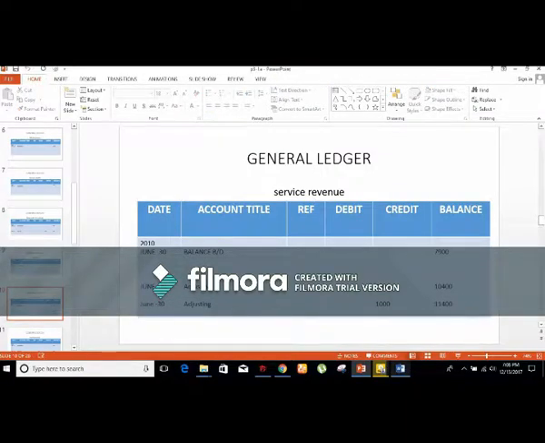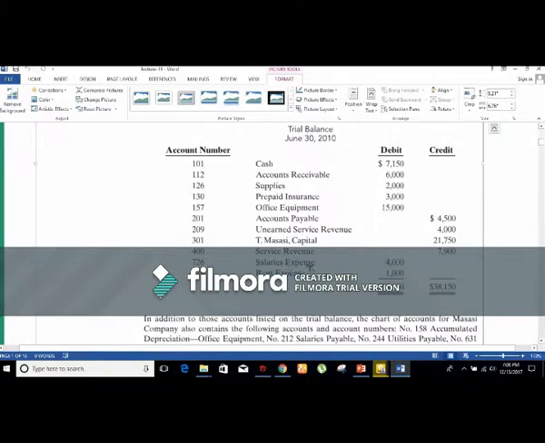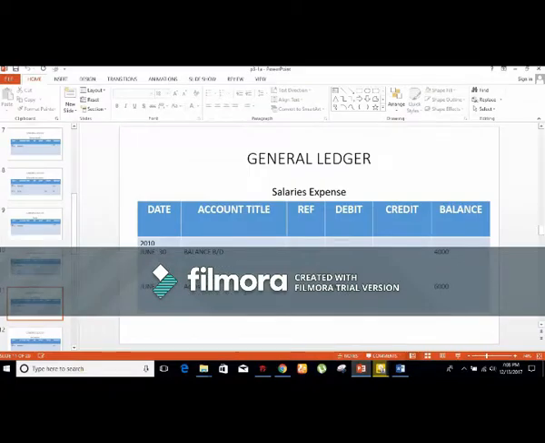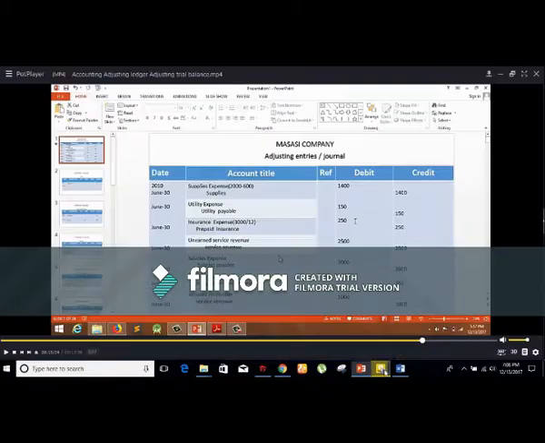Okay, and the next one is salaries expense. Let's see the question. Salaries expense is given as a debit balance of 4,000. And in the adjusting journal, is there any entry like salaries expense? No, actually there is no entry. Wait, yes, maybe I have salaries expense. Okay, here it is.